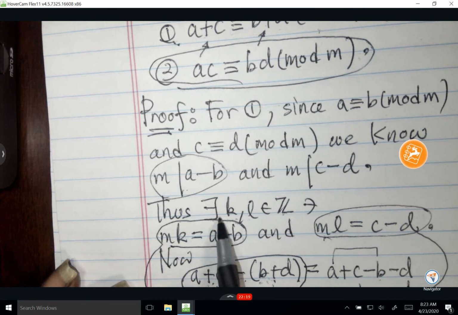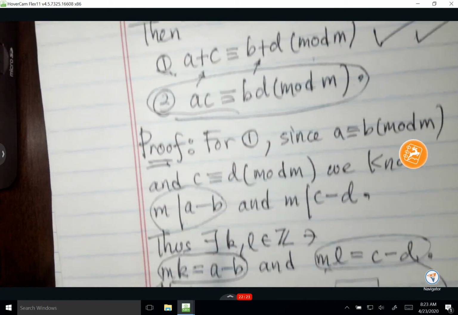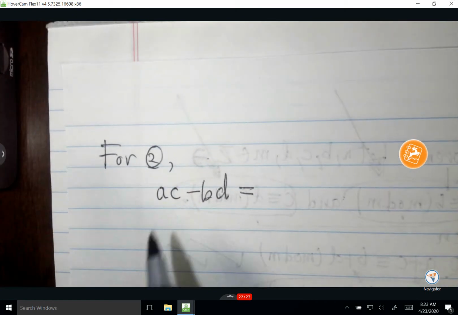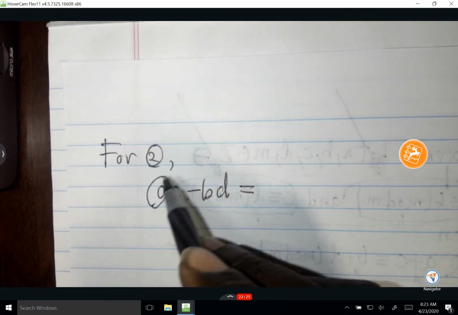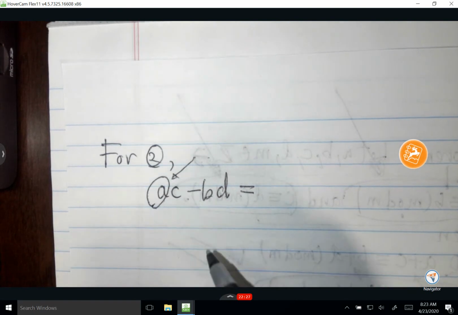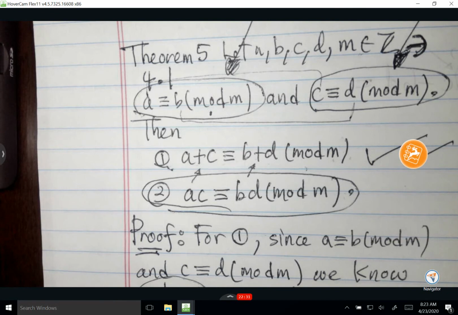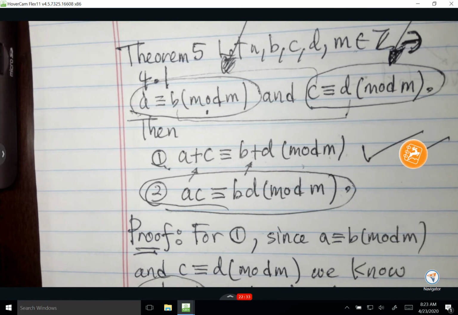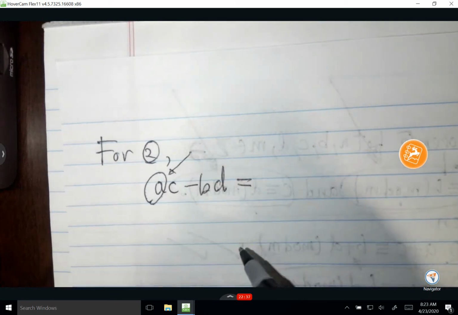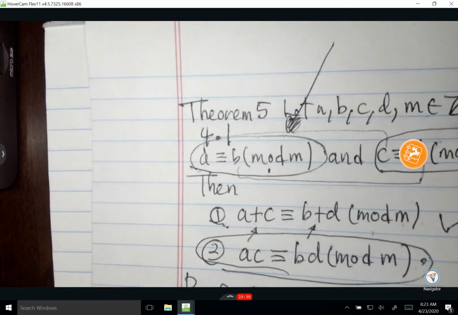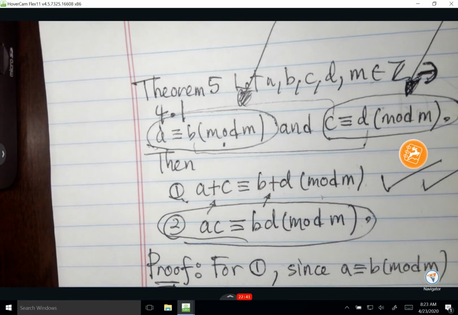I can use this circle to replace A here. And I can use this circle to replace, say, D here.